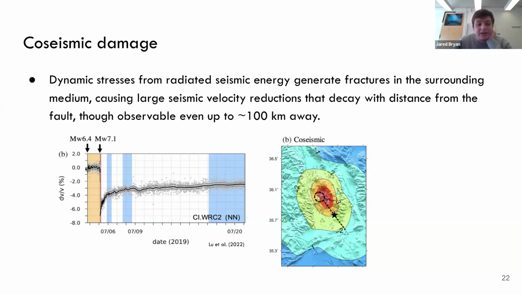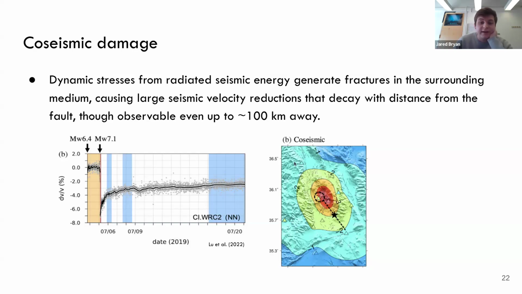They're measuring seismic velocity changes through time. And at the time of this magnitude 7.1 earthquake, there's this big reduction in seismic velocity because the waves radiated by this earthquake damage the material. It becomes less rigid, generates damage. And so you get this almost 7% velocity reduction.